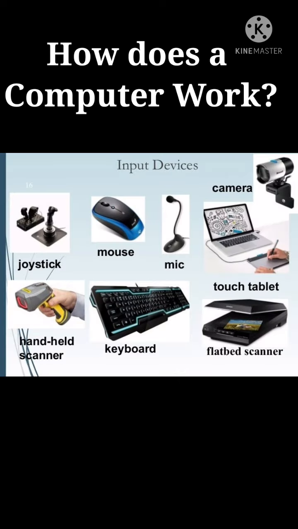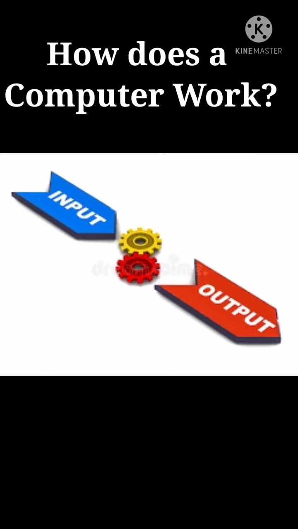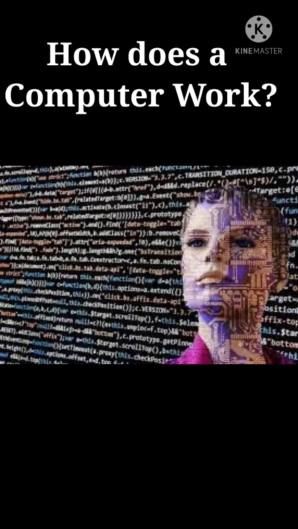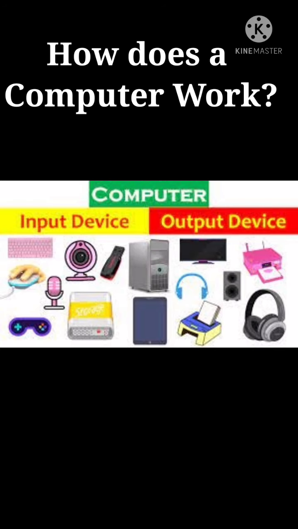All the parts can be divided into three main parts. Those parts are called input, processing, output. So, a computer works on the input, process and output cycle. How can all the parts of the computer be divided into three parts like the input, process and output cycle?